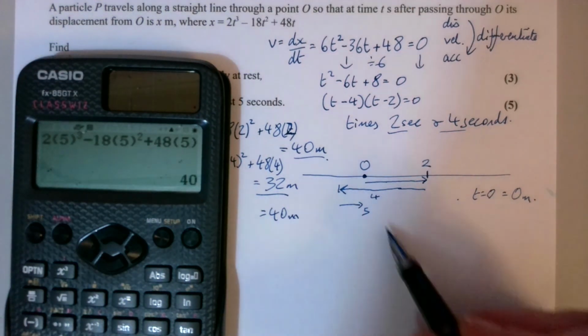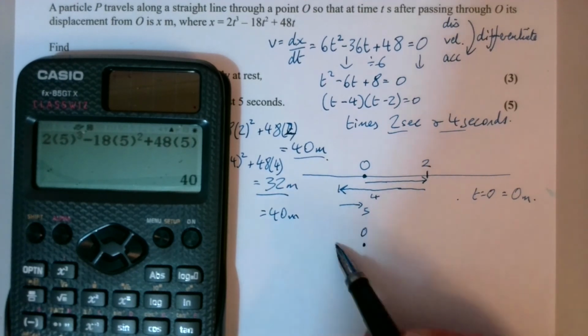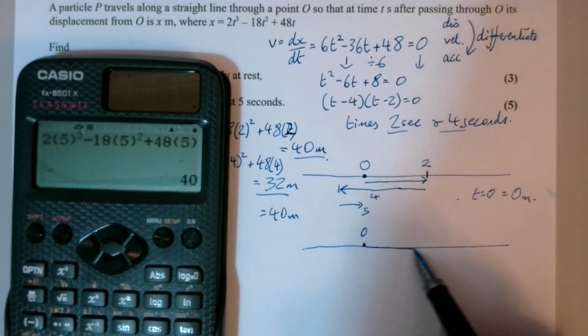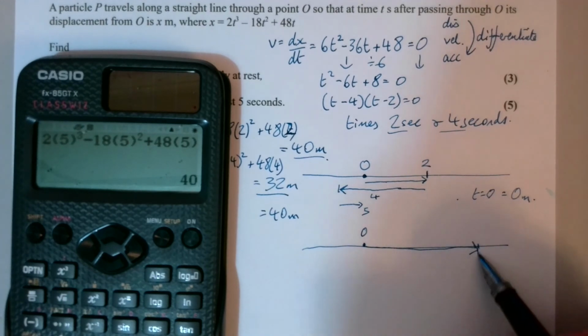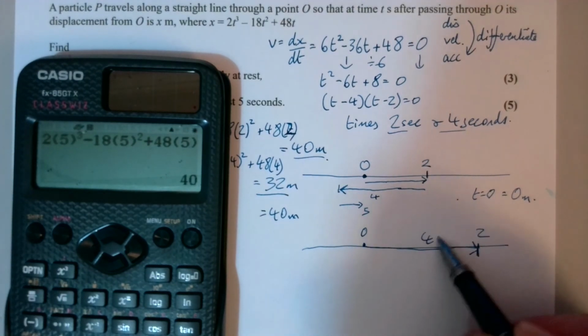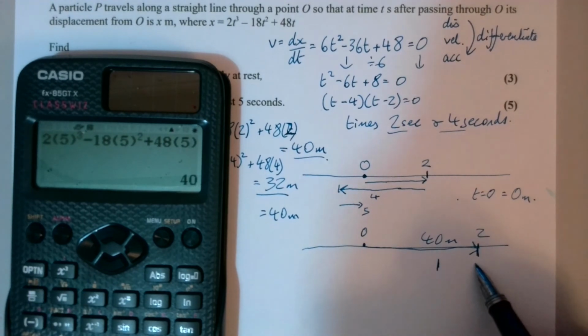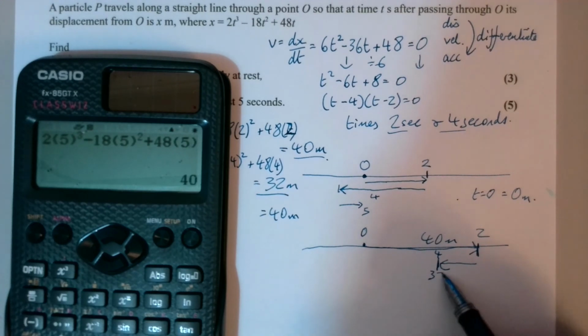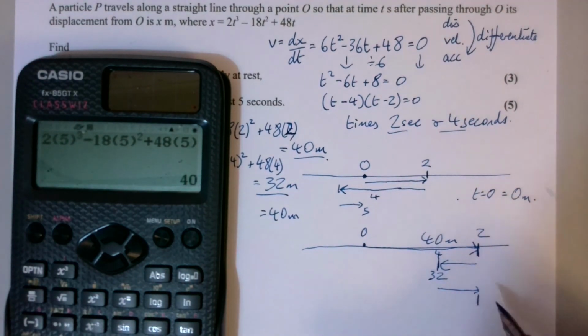So if I review my model, actually the zero is there, it's going to be like 40 meters to t is 2 seconds, and then we're just going back about to there, aren't we, after 4 seconds, and that's now saying 32 meters, and then in the last second we're going all the way back to where we'd come from, getting us to 40.